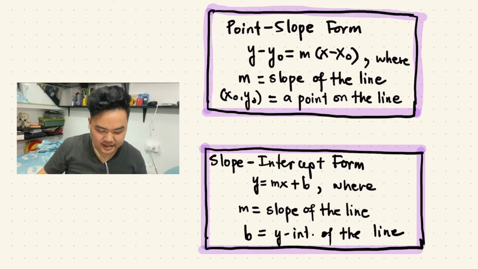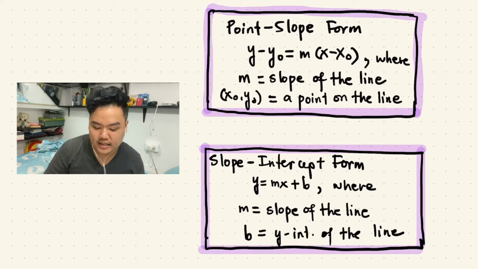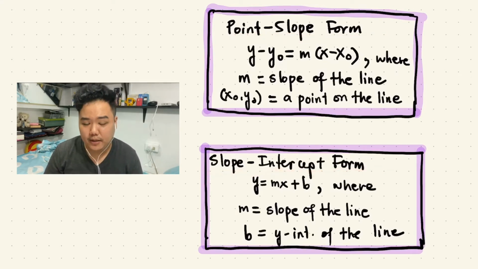So, ngayon magdi-discuss na naman tayo ng isa pang form ng lines. Pero recall muna natin yung dalawa nating diniscuss last time, namely, yung point-slope form and the slope-intercept form. Ito sigurong dalawa yung pinaka-importante na form ng line kasi halos lahat ng tanong sa lines masasagutan mo pag alam mo yung dalawang ito.